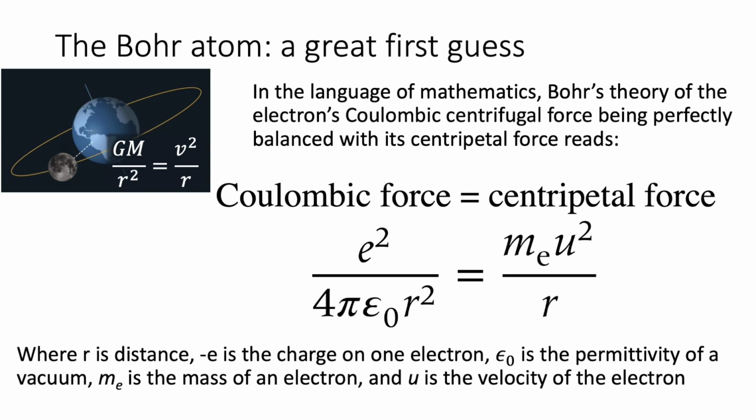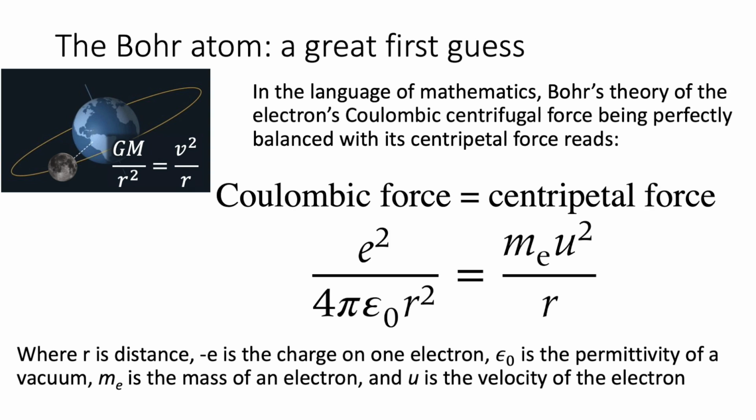So we've got GM over r squared. G is the gravitational constant, M is the mass. If one mass is a lot bigger than the other, you just add them together. Anyway, that's a mass value, and it's over r squared. R is a distance, and r is on the other side as well, and v is a velocity, the velocity of the orbiting body.